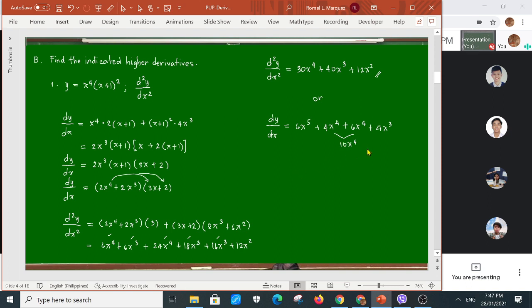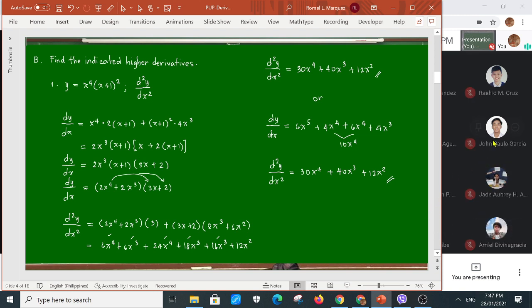Now get the derivative of that, which is the second derivative. This is 30x to the 4th, right? Plus 10 times 4, so 40x cubed, then plus 12x squared. Okay, guys? See? We get the same result.